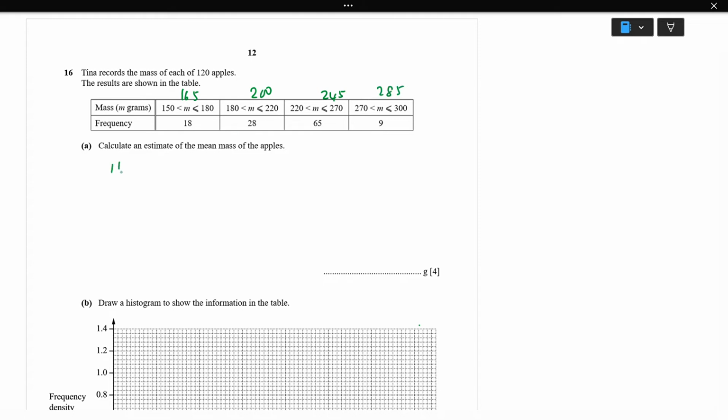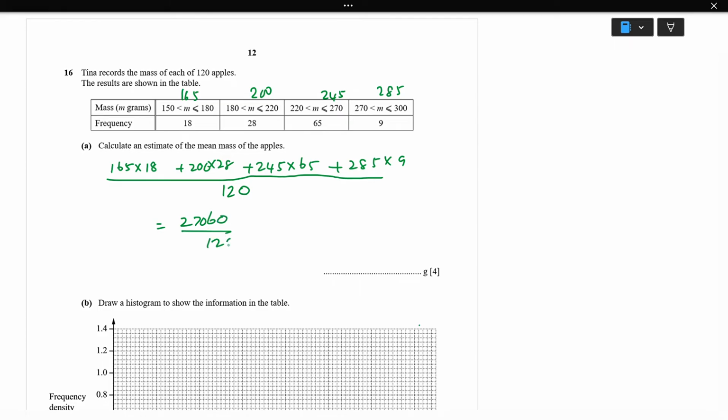So midpoint times the frequency: 165 times 18 plus 200 times 28 plus 245 times 65 plus 285 times 9, over the total frequency, which is 120. 27060 divided by 120, the answer is 225.5.